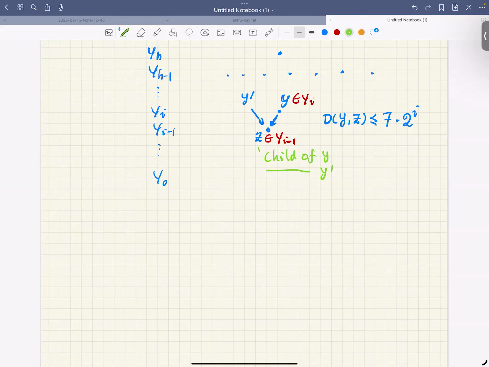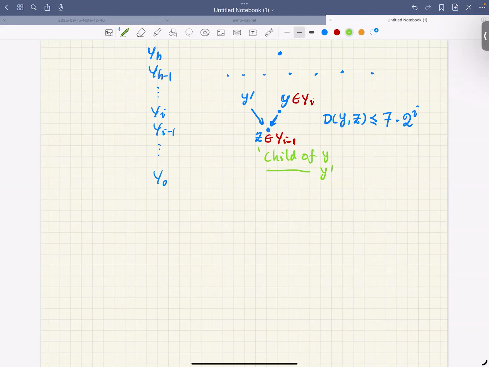Good. So you want to return the best point on the path. Now, a common confusion at this moment is that the lower the better, so maybe I should return the point from level 0. Not necessarily. This is something interesting.